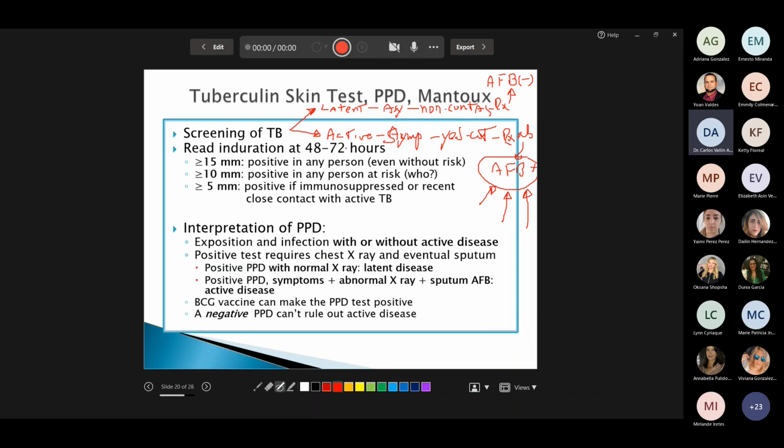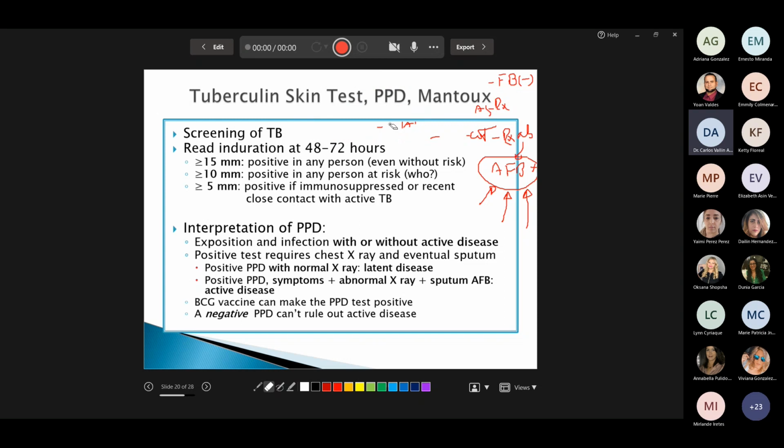If a person has active tuberculosis, they need to be placed in airborne isolation. If the person has latent tuberculosis, they don't need isolation, and can be at home. So these are the consequences of having a positive PPD.